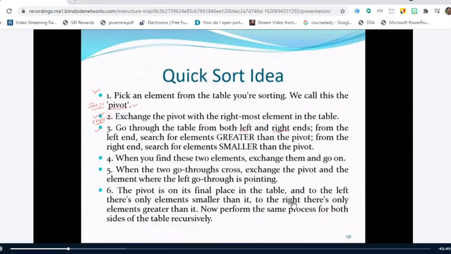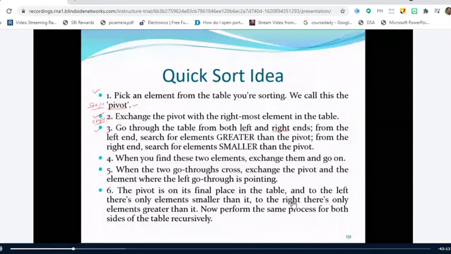That is why, when you compare the left pointer element with the pivot and it is less, you keep moving until you come across a larger element. Similarly, when the element pointed by the right pointer is greater than the pivot, you decrement the right pointer, and you keep decrementing until you come across a value less than the pivot.